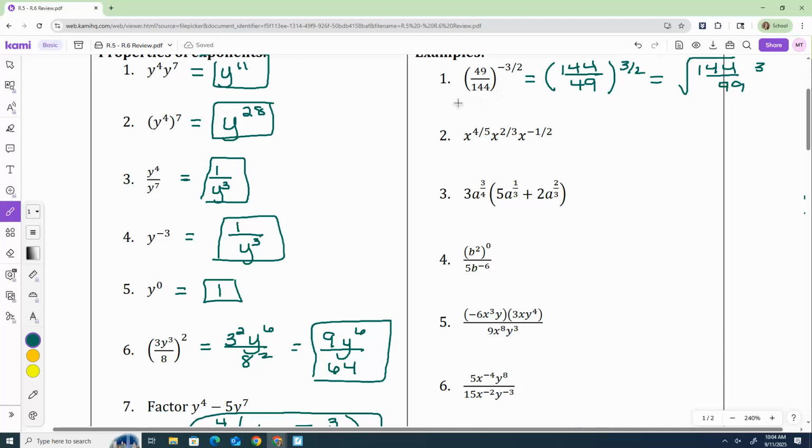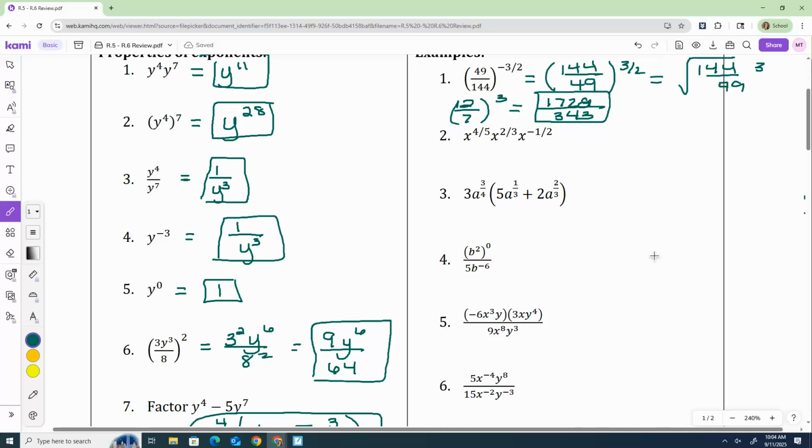What is the square root of 144? Well, square root of 49. I have to do each of those to the 3rd power. So 12 to the 3rd is what? Okay. And 7 to the 3rd? 1,728 over 343.